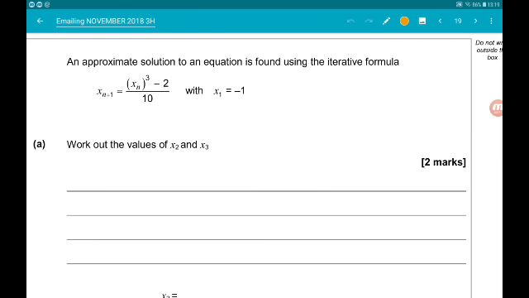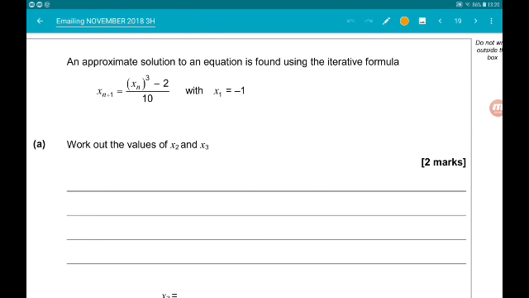So, I'll go through x2, explaining what it means. All that we're doing is generating terms of a sequence. Xn add 1 means the next term in the sequence. So to get the next term, we cube the previous term, subtract 2, and then divide by 10.